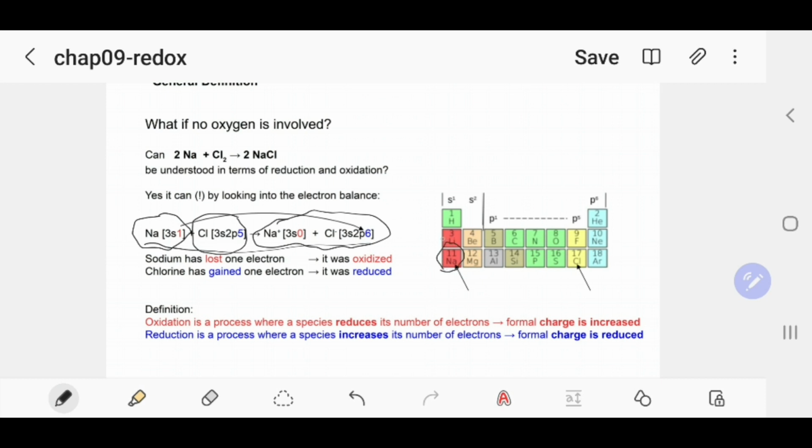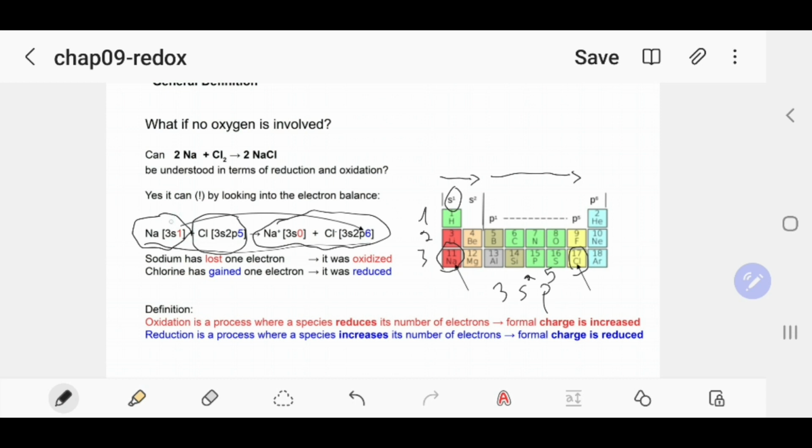Sodium is right here, and you see this is the first, second, third period. So the electronic configuration of sodium ends with 3s1. And the electronic configuration of chlorine ends with 3s2, of course, because here it's saturated, and the p orbital contains 5 electrons. So 3s2 3p5 for the chlorine.